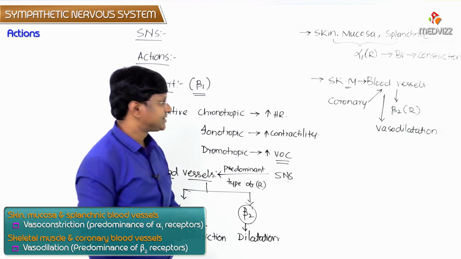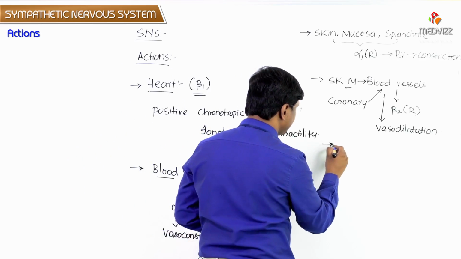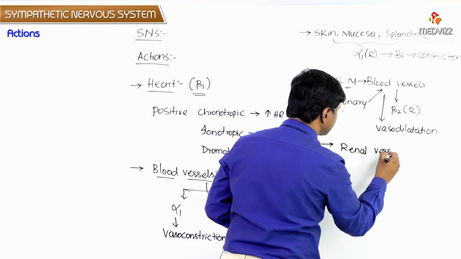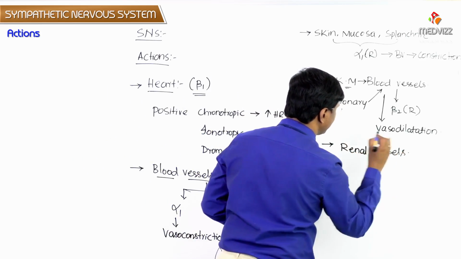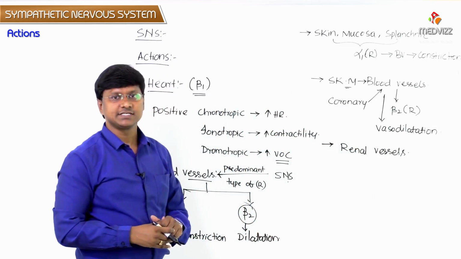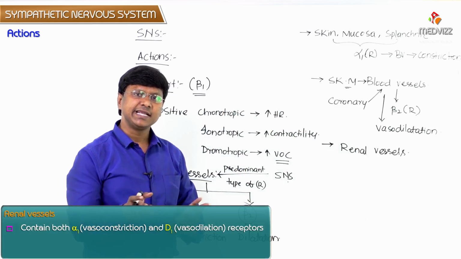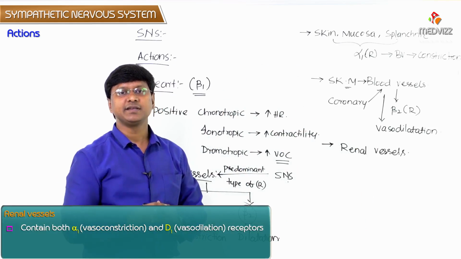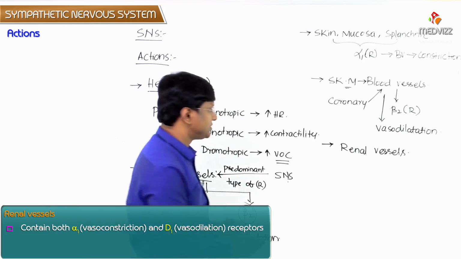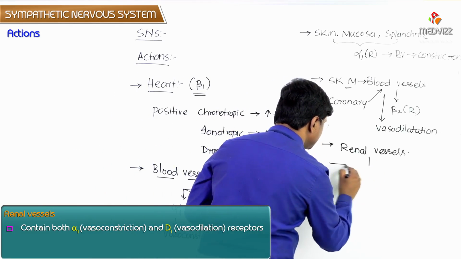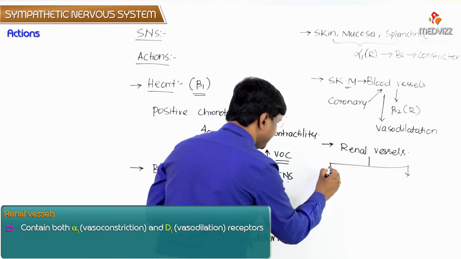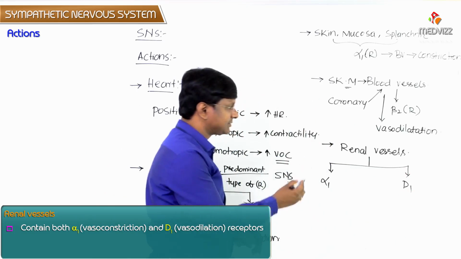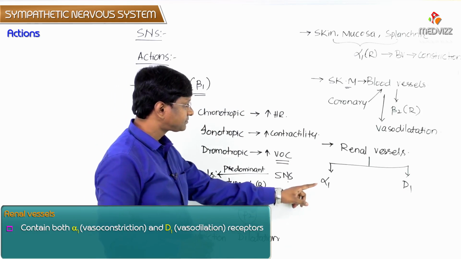Next, take the renal vessels, that is, the renal artery or the renal vein. The renal vessels contain both alpha 1 receptors and dopamine receptors, that is, D1 receptors.